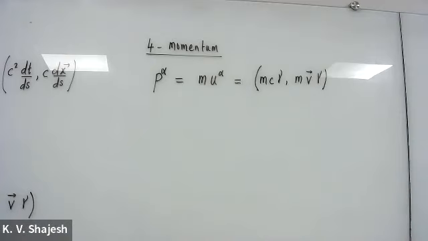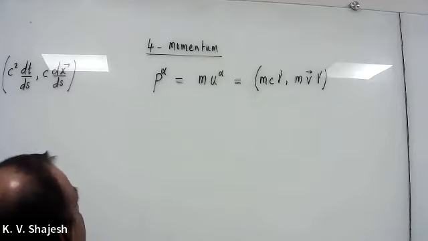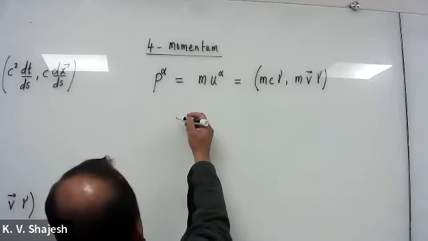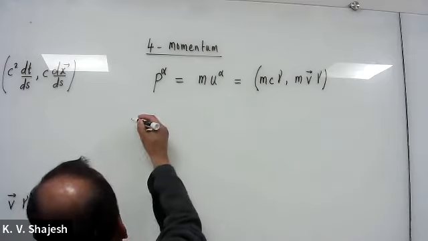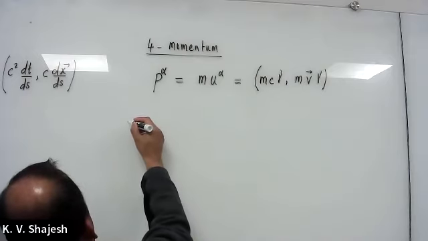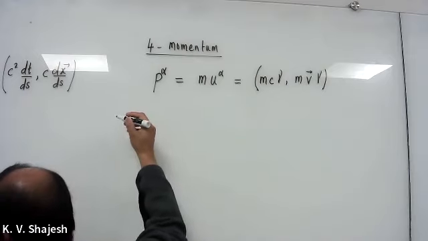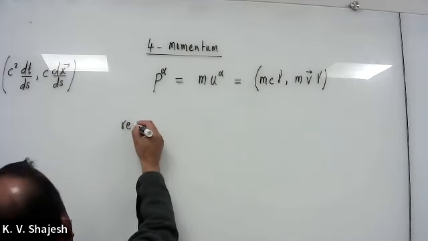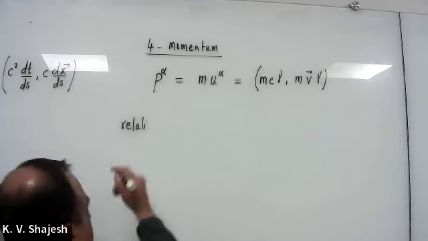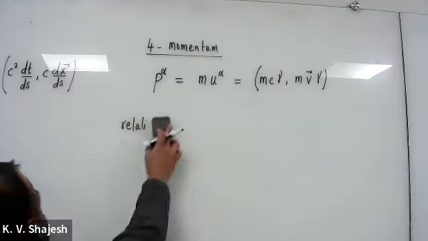But this is the stage where Einstein realized that we should change the definition. So what he suggested is that the relativistic momentum, first let me say Newtonian momentum.